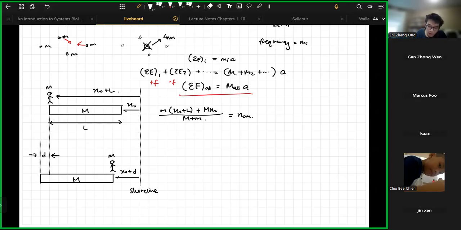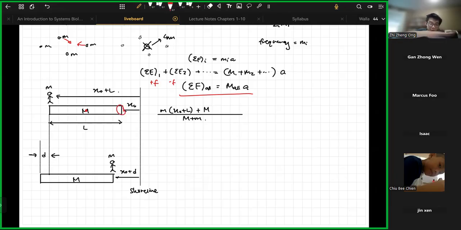Sorry, one more thing I should have done is to talk about the center of mass of the boat. The boat itself has a center of mass in the middle. If you don't talk about this, you say the boat has its total mass here, but the boat doesn't have the mass there.